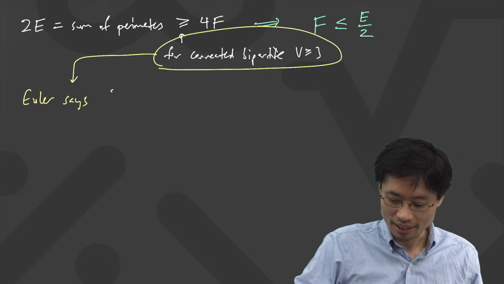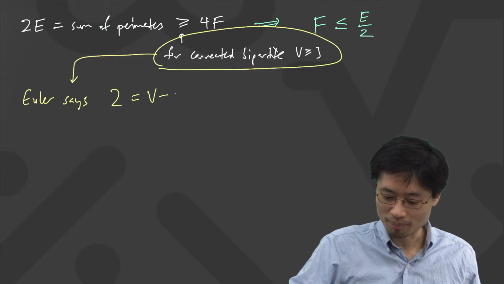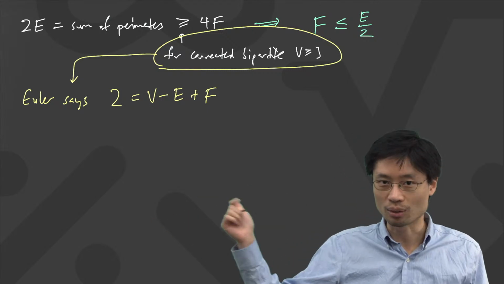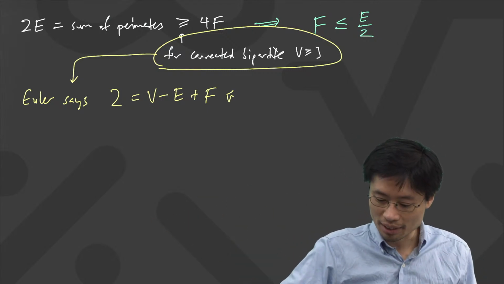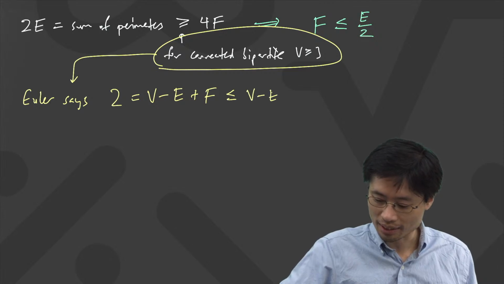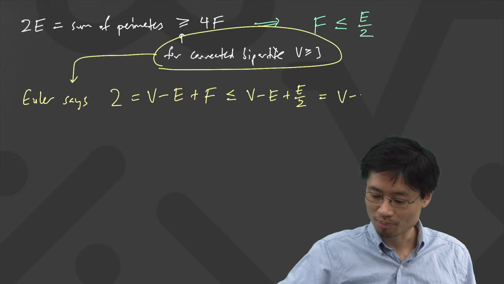Euler says that 2 is equal to v minus e plus f. And then we continue this thing. That's why I like writing the line of equalities and inequalities. F is less than or equal to v minus e plus e over 2. And that's equal to v minus e over 2.